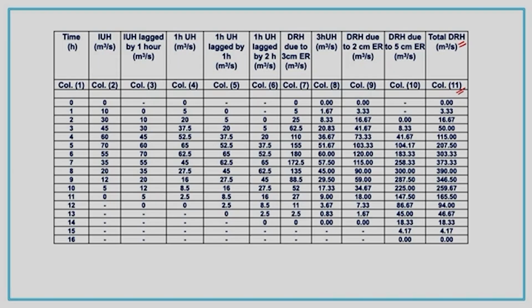So, what we have done: we were asked to find out the 3-hour unit hydrograph initially from the IUH. For that, we found the 1-hour unit hydrograph by averaging the ordinates of the IUH. Once the 1-hour unit hydrograph was obtained, we derived the 3-hour unit hydrograph.